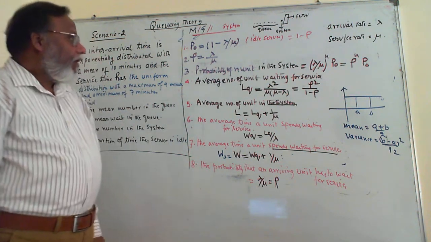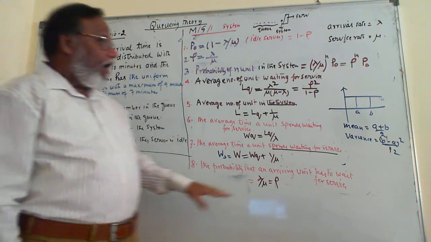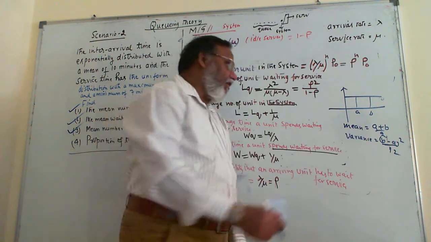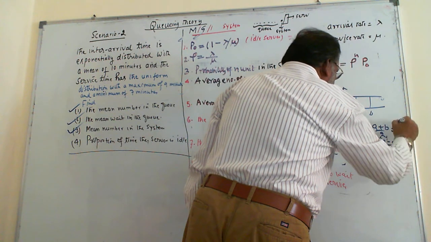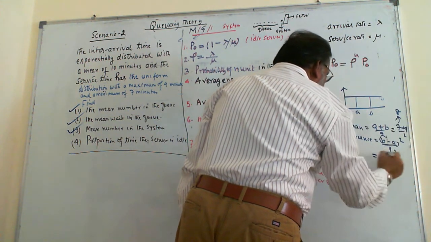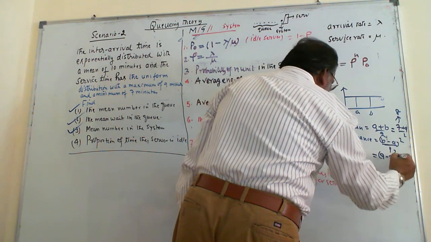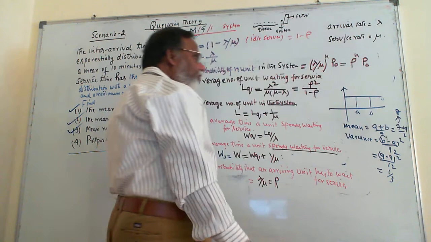So if the distribution is given like this, I first find out the mean and the variance. The mean will be (7 + 9)/2, which is 8, and the variance will be (9 - 7) squared divided by 12, which gives me 1/3.